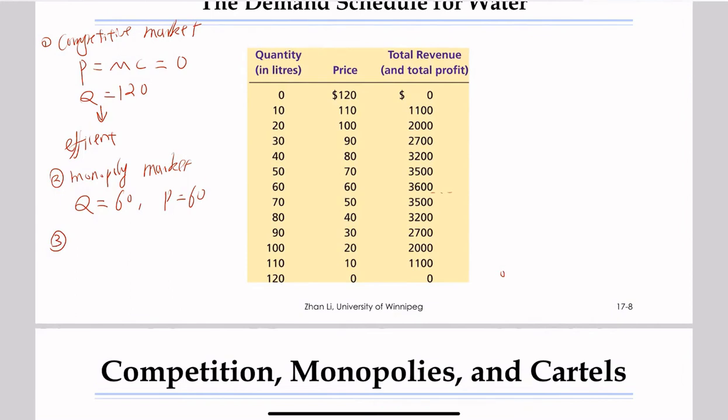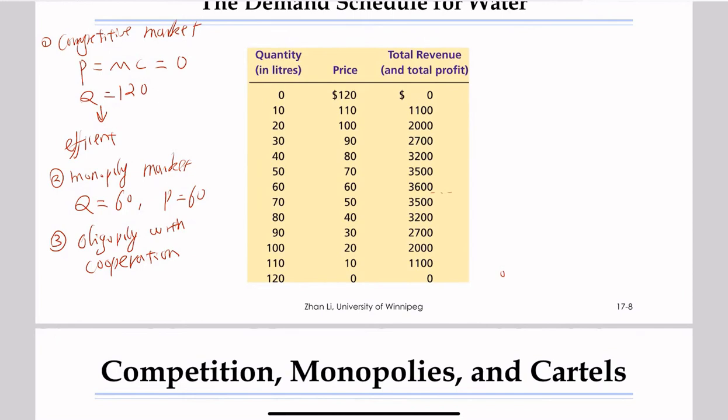So now we want to think about the oligopoly case with cooperation. Now, how should Jack and Jill cooperate to maximize their profit? Again, they should join force and act like a monopolist.